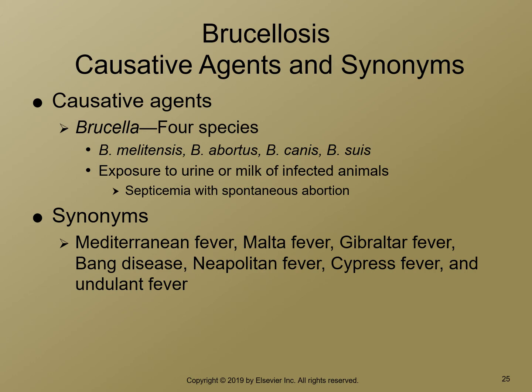There are 4 species that originate from animal reservoirs that are pathogenic to humans, including Brucella melitensis, associated with goats, Brucella suis, associated with swine, Brucella abortus, associated with cattle, and Brucella canis, associated with dogs. The urine and milk of infected animals contain the infective organisms.